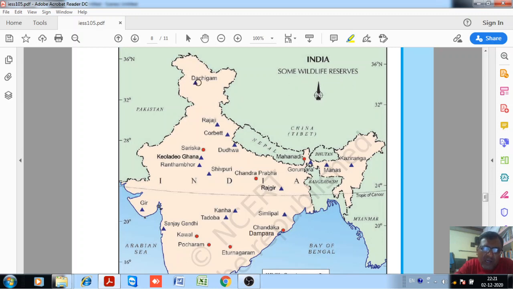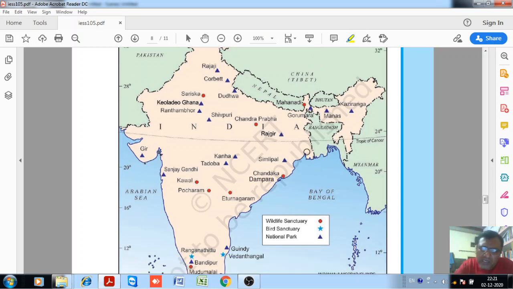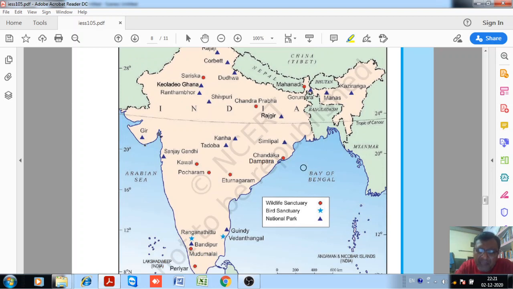Now this map is given for your better understanding about the wildlife reserves. These are the locations of Chingam, Rajaji, Corbett, Dudhwa, and this is Ghana, and these are Shivpuri, these are Raigir and Simlipal, Manas, Kaziranga, and this is Gorumara. These are the national parks.